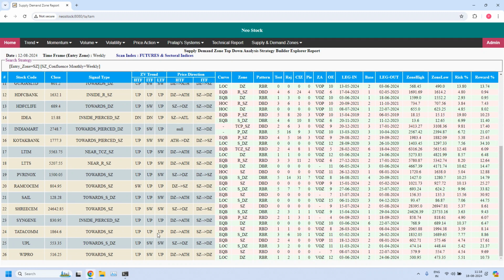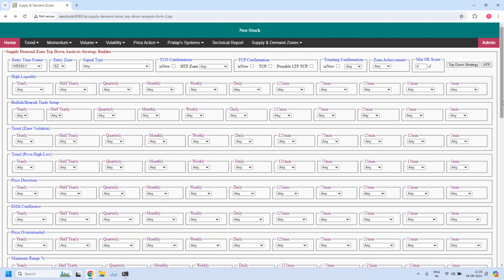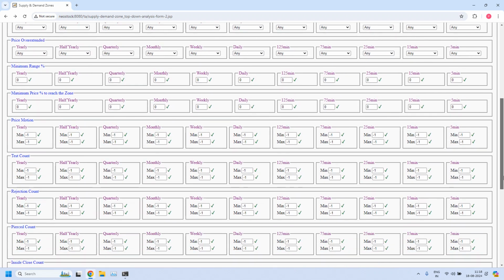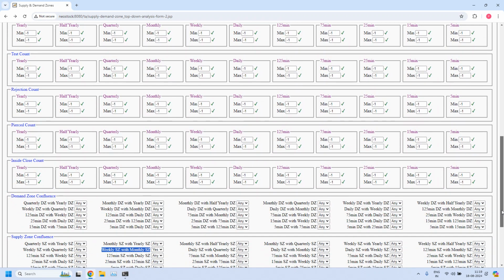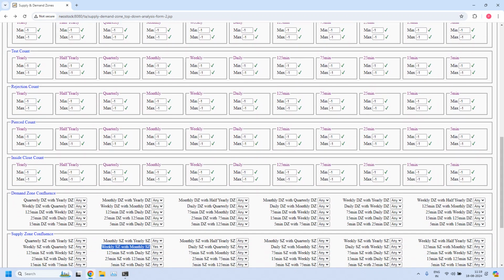Let us also check how many are having even HTF confluence, that is quarterly time frame. So in the supply zone confluence, weekly supply zone with monthly, weekly supply zone with quarterly supply zone enabled, and also monthly supply zone with quarterly supply zone also I enabled.